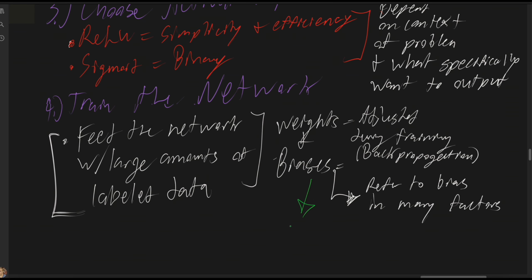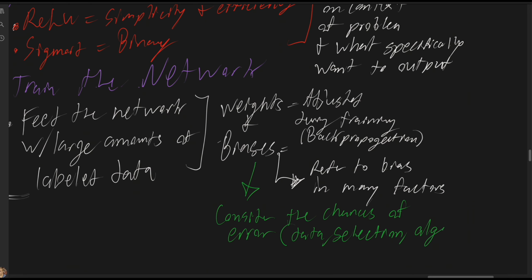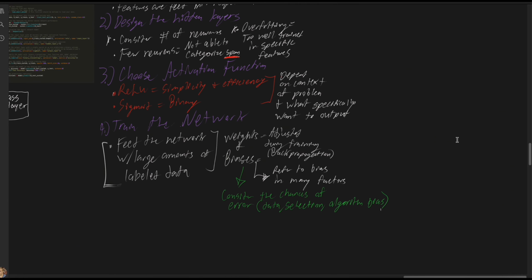In biases, we consider the chances of error, and they can refer to data bias, selection bias, algorithm bias, accordingly. And now let me just move out so you all get an understanding.